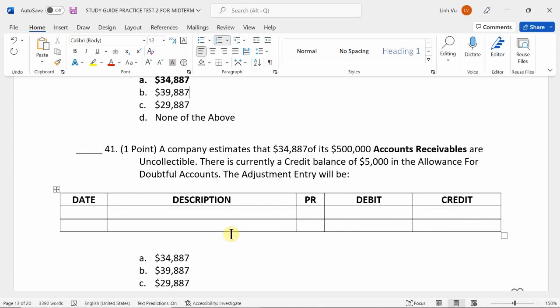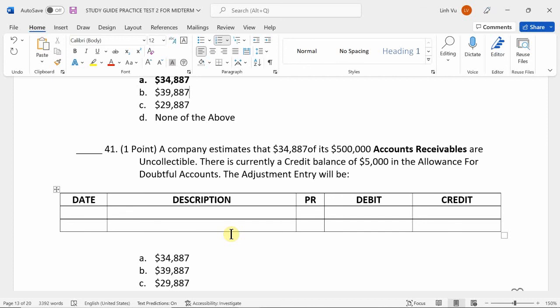The adjustment entry will be, so once again, this time we're using the balance sheet method because we see the keyword accounts receivable. However, it tells you that you're already on the right side, 5,000. So you need to get to 34,887. So how many more steps do you need to go to the right to reach 34,887?